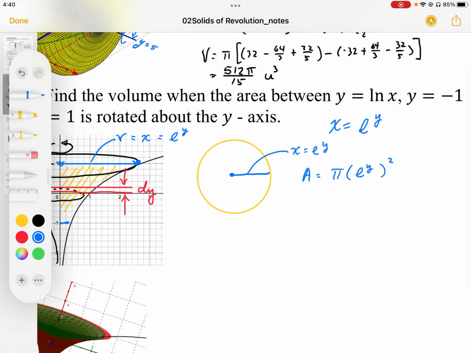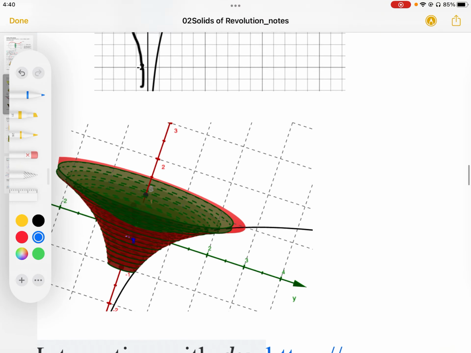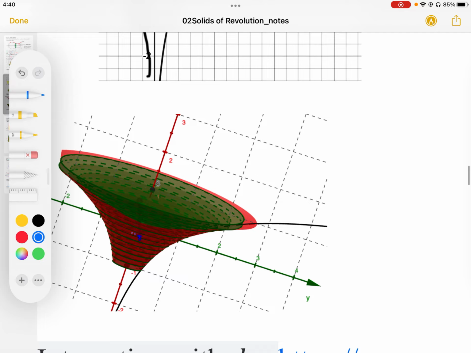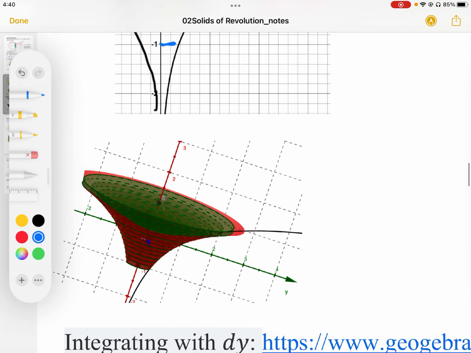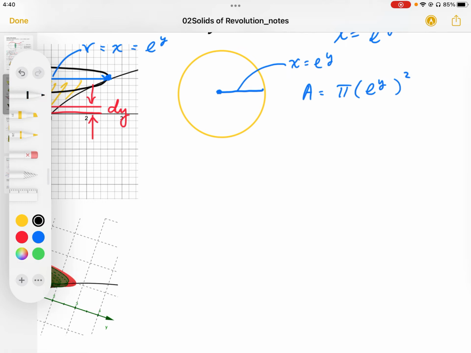So now I have my expression for area. I can now find the volume by taking all these circular slices with thickness, stacking them all up to get that volume. And my volume expression now looks like this. Volume is equal to pi r squared times a thickness of dy.